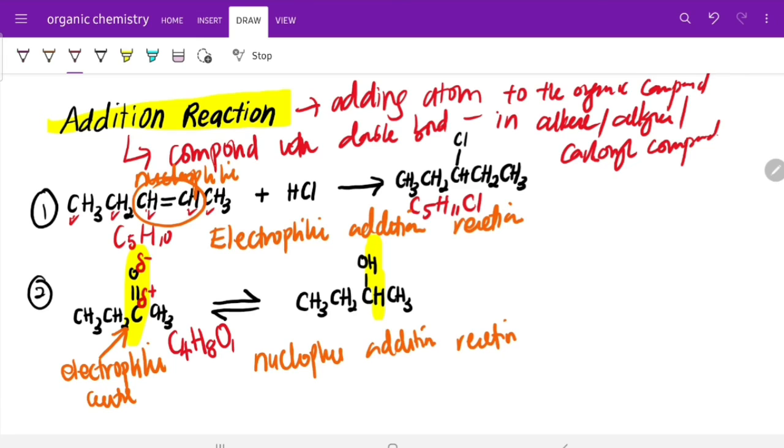But in the final product we still have 4 carbon, but now we have extra 2 hydrogen, which is 10, and 1 oxygen. So we have more hydrogen present in the final product, so this is an addition reaction. It's a nucleophilic addition reaction because the C double bond O has an electrophilic center and it will attract a nucleophile for addition reaction to take place.